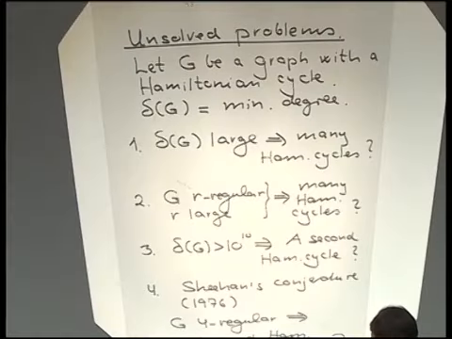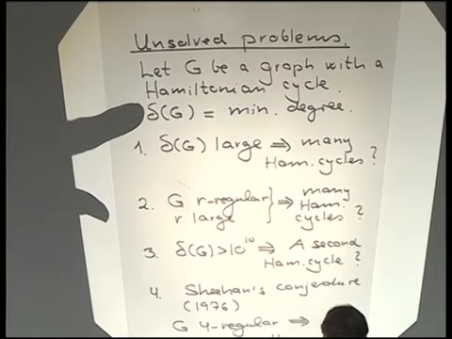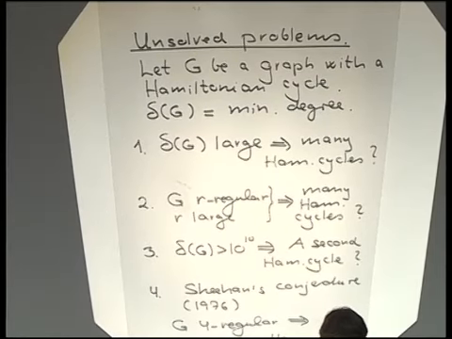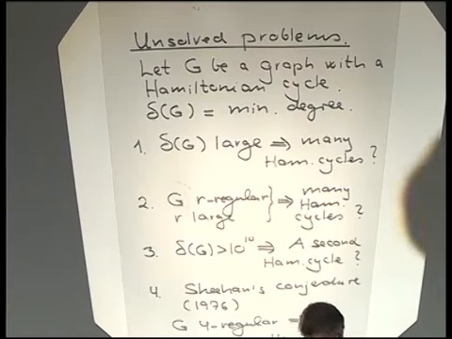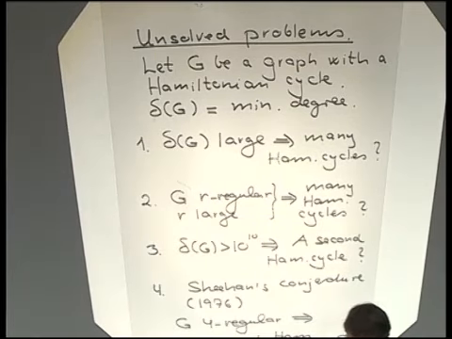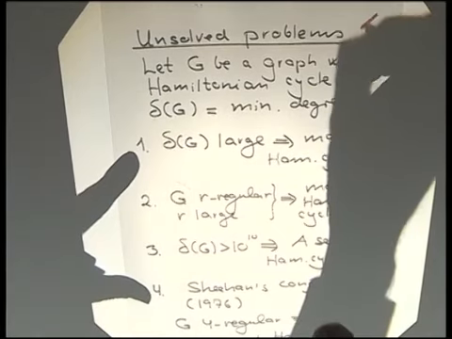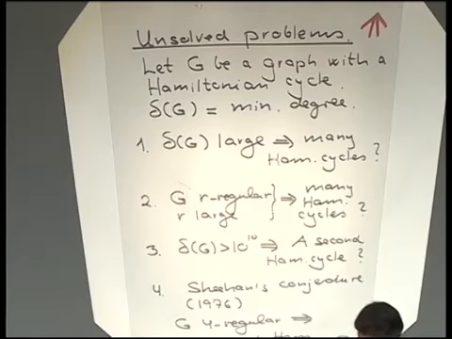Suppose you have a graph which has a Hamiltonian cycle. Excuse me. I seem to have lost my voice. Suppose you have a graph with a Hamiltonian cycle, and suppose that the minimum degree is large. So the degree of a vertex is the number of edges going out from it. If that is large, does it then have many Hamiltonian cycles?